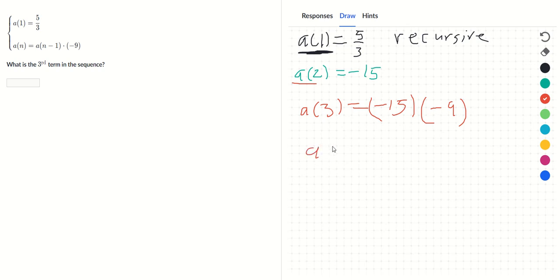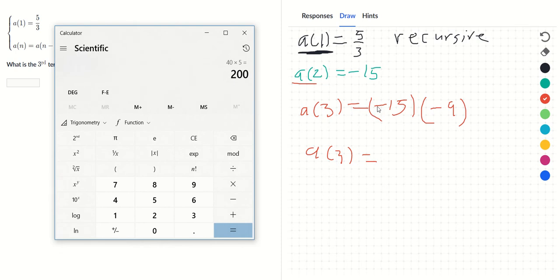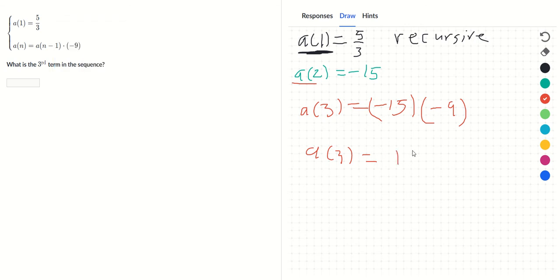Get your calculator out, and you know that negative times negative is positive, you just need to multiply 15 times 9, 135. Positive. That's your third term. That's what you would write in that section right there.